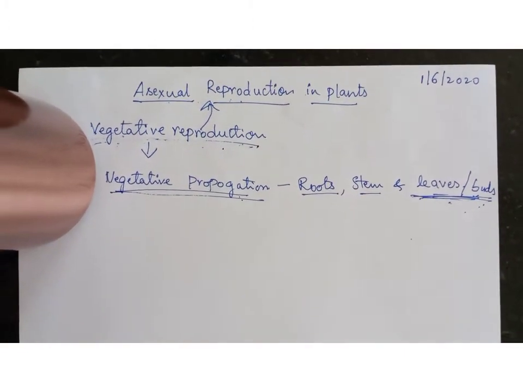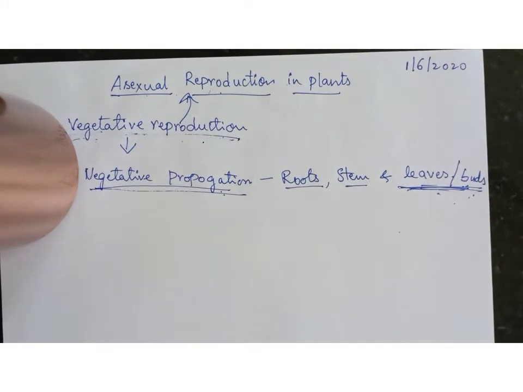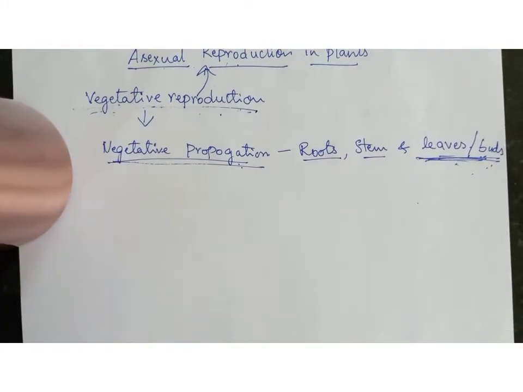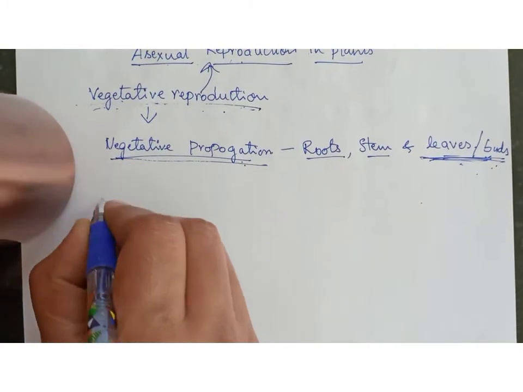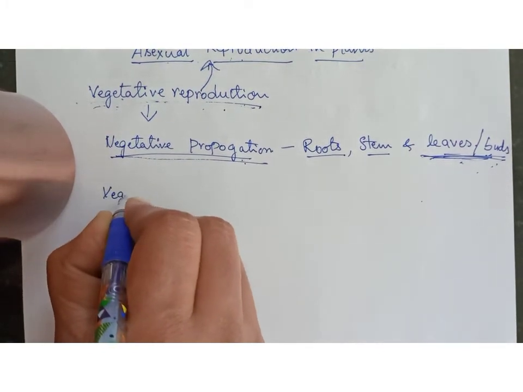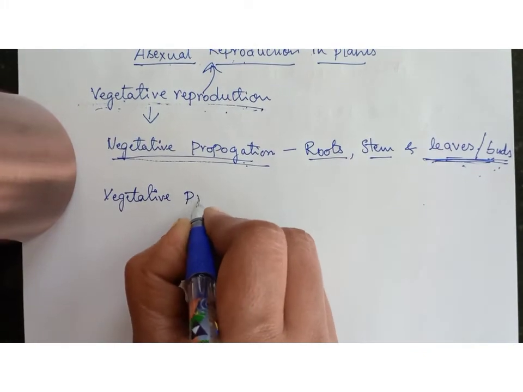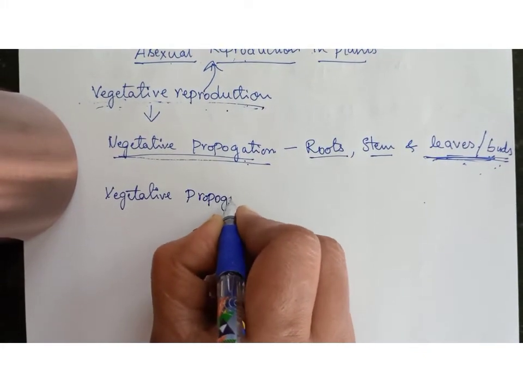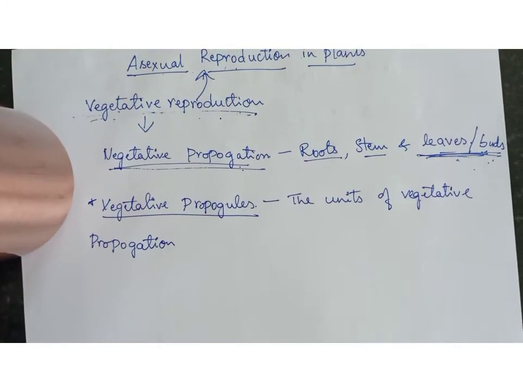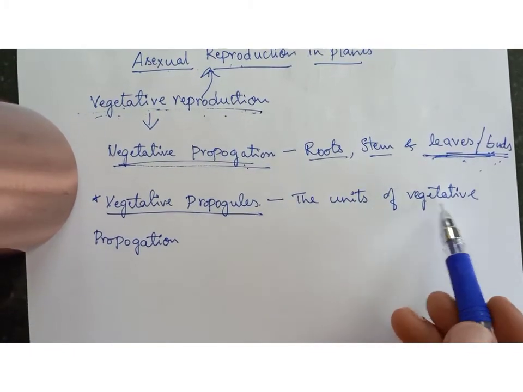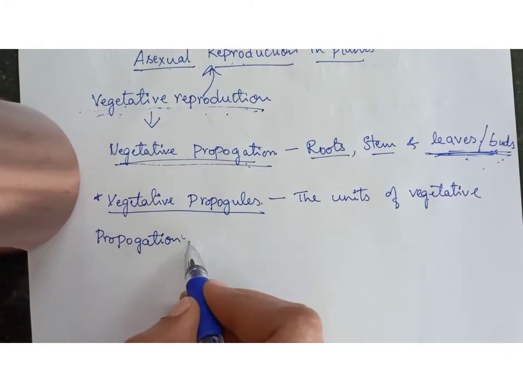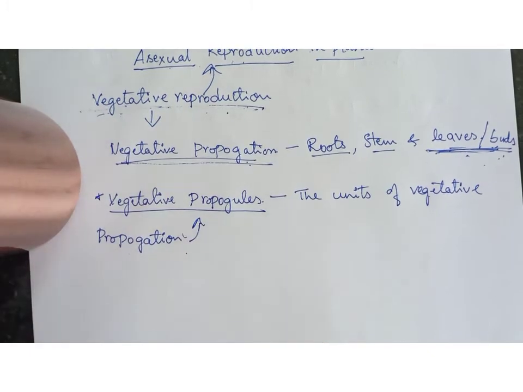The units of vegetative propagation are called vegetative propagules.